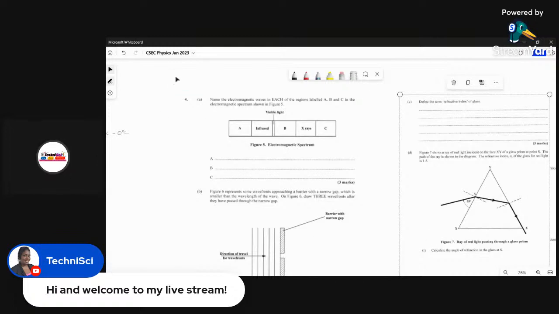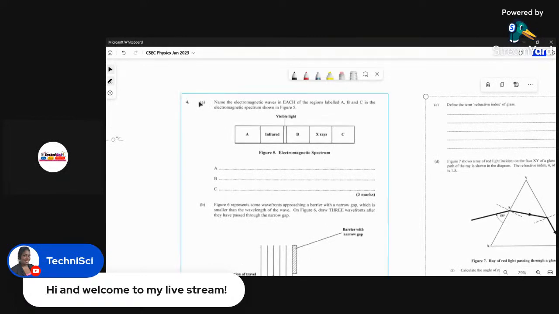So let's now get into this question. Name the electromagnetic waves in each of the regions labeled A, B, and C in the electromagnetic spectrum shown in figure 5. So I'm going to mute my mic a little bit, but giving you an opportunity to tell me A, B, and C. What waves are those?